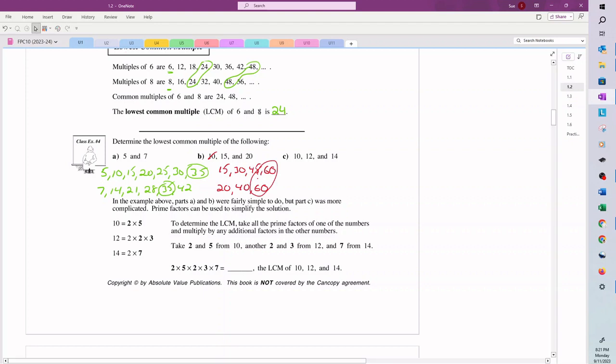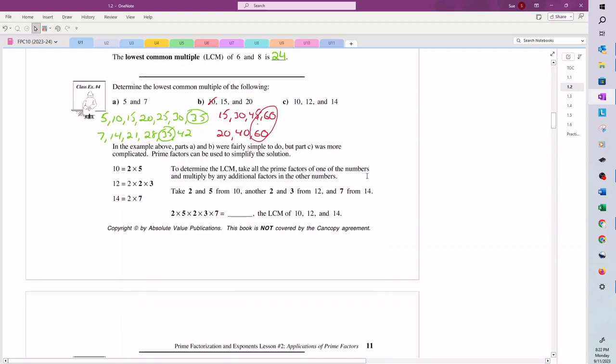All right, now we can use the prime factorization to find the lowest common multiple of numbers as well. So we're going to take all of the prime factors. Again, this is kind of wordy. You take the prime factors of one of the numbers and multiply it by additional factors in the other ones. I'm going to show you the way to set this up that makes sense.